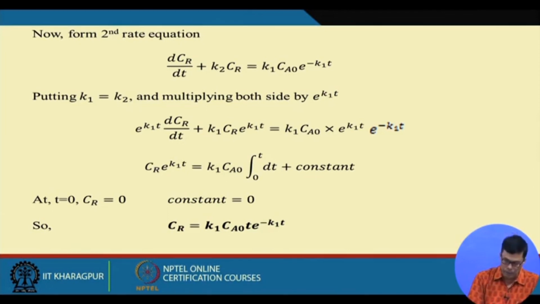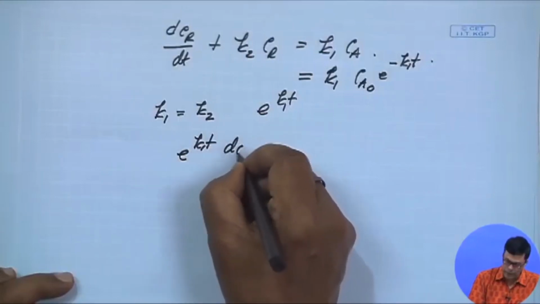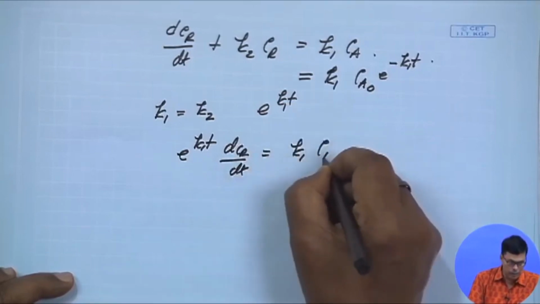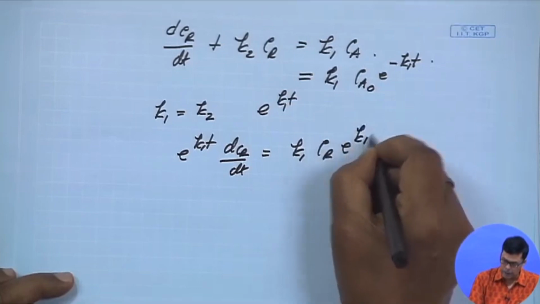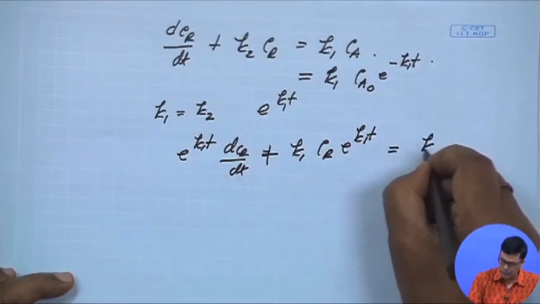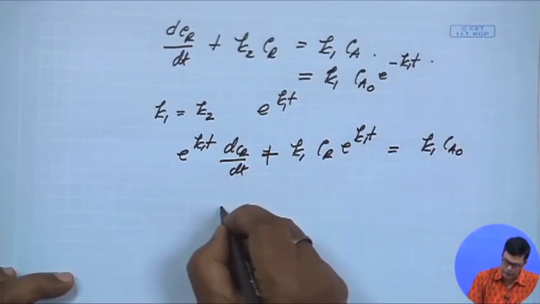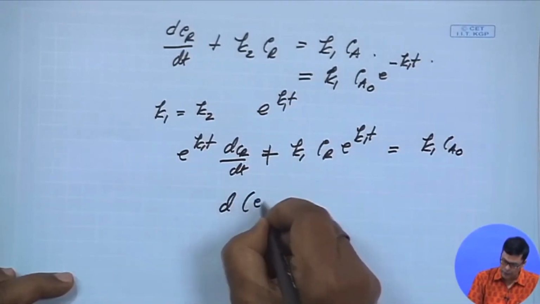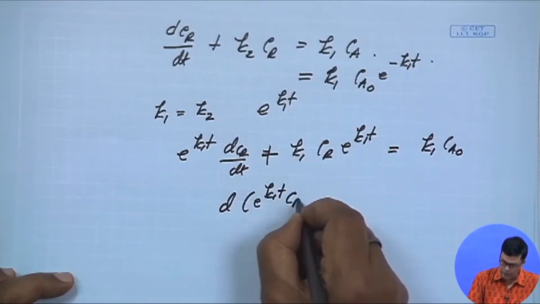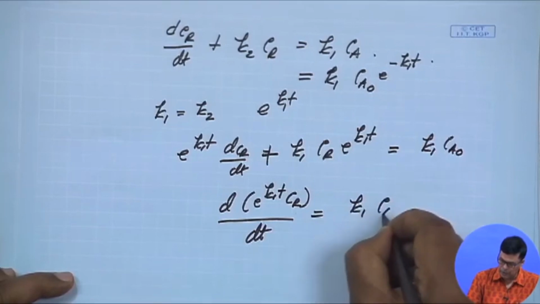this equation. If you look at that, e to the power K1t dCr by dt plus K1 Cr e to the power K1t equals K1 Ca0. Am I right? That is cancelled. Now this is nothing but d of e to the power K1t into Cr by dt, equal to K1 into Ca0.